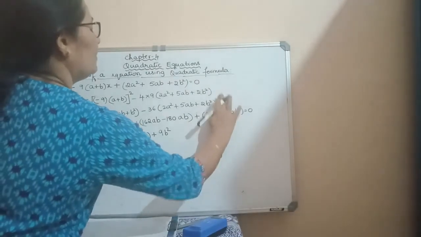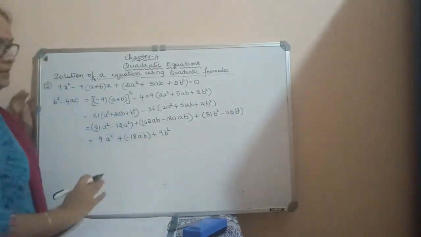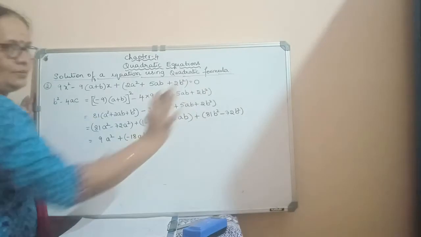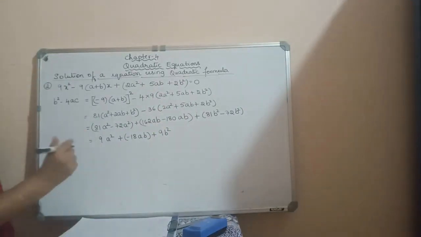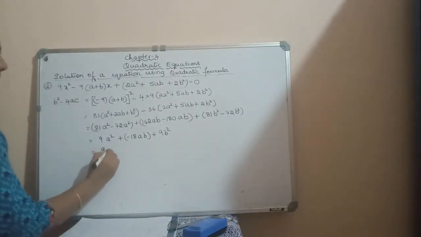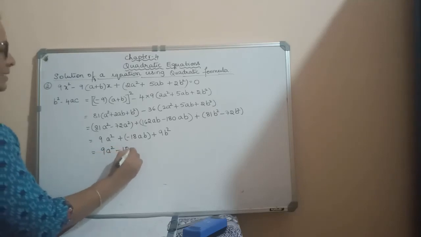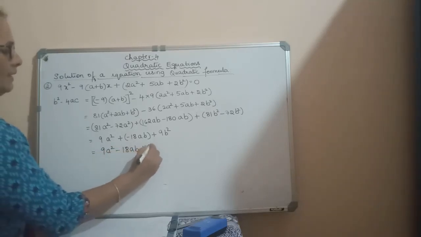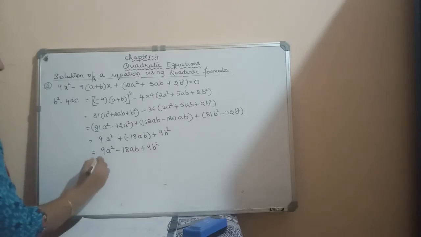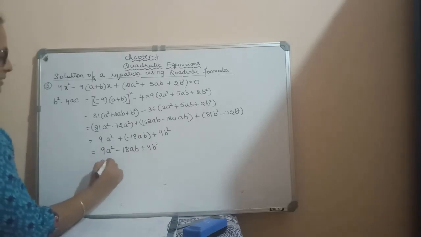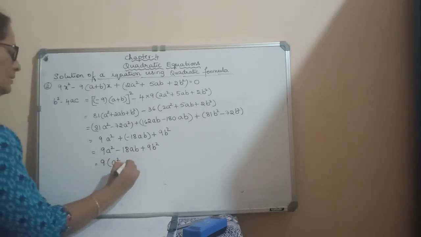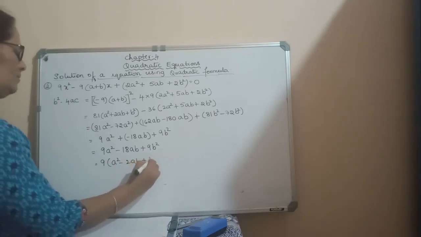So we are finding only b square minus 4ac here. So don't write here equal to 0. Now see here 9a square minus 18ab plus 9b square. Now in this equation here 9 is common, a square minus 2ab plus b square.